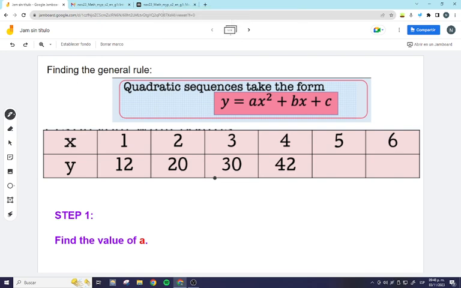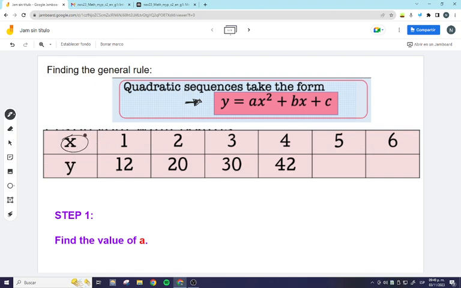Okay, so this is a quadratic one, and in order to find the general rule, you will follow a structure like this one. You will have y equals a times x squared plus b times x plus c. x in this case is the variable of the position.